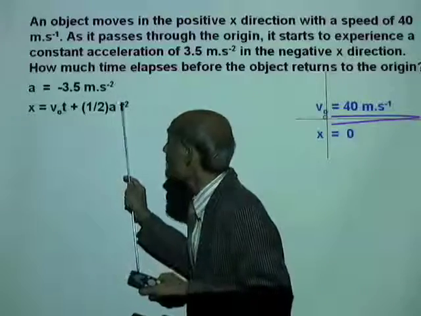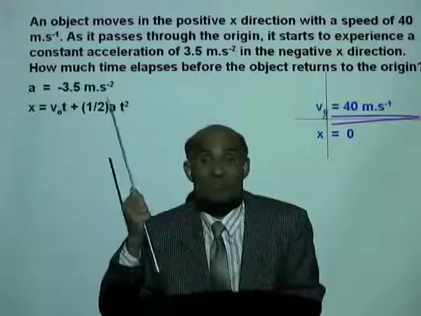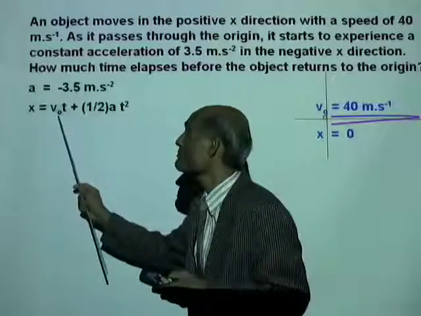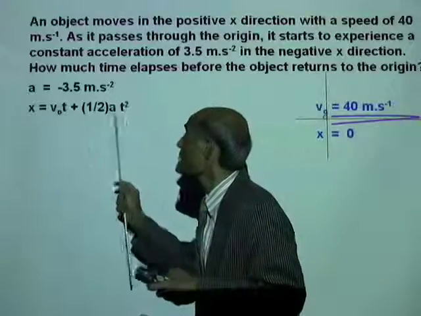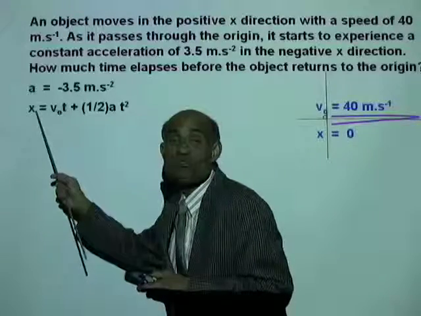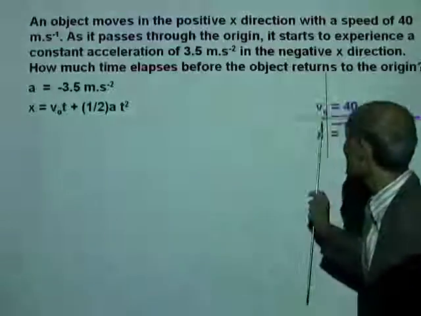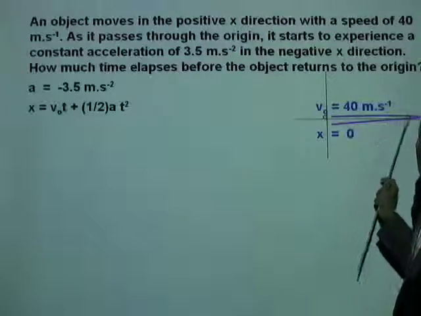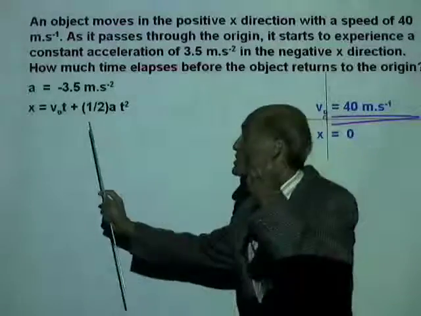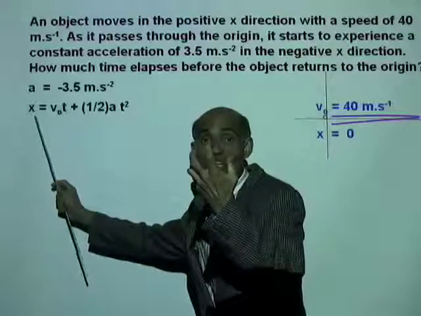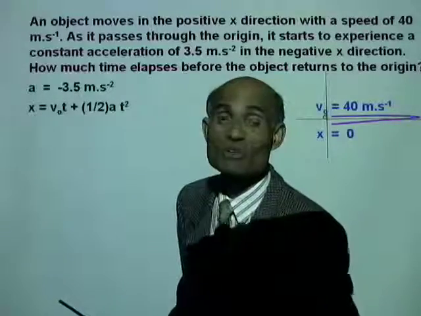So we need to find the time t for this displacement x to become 0. We know the initial velocity, we know the acceleration, we need to find the time t for this displacement to become 0. I hope you understand this. We have been told to find the time taken by the object to go to the right and come back to the origin. And when it does so, its displacement becomes 0. So the question is, find the value of this time t when x equal to 0.